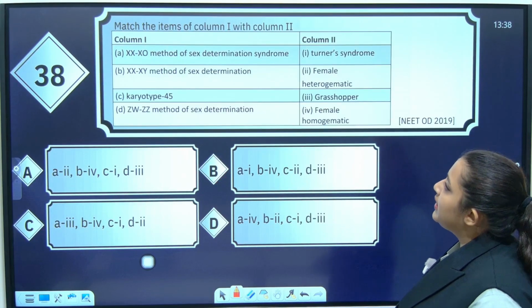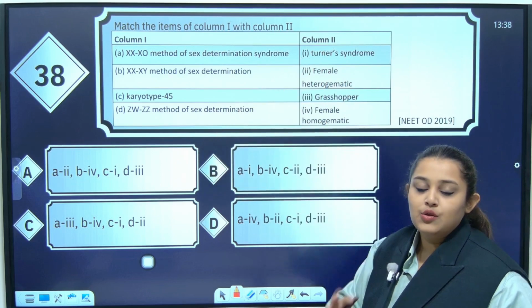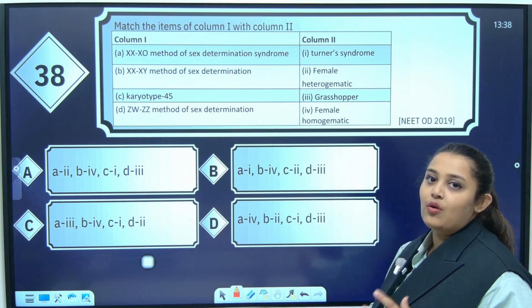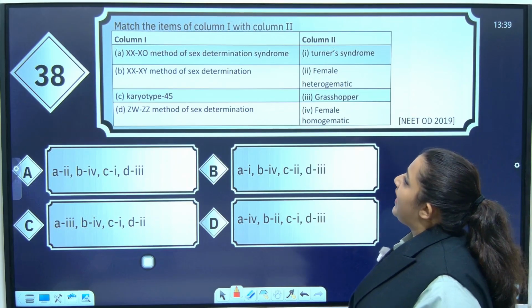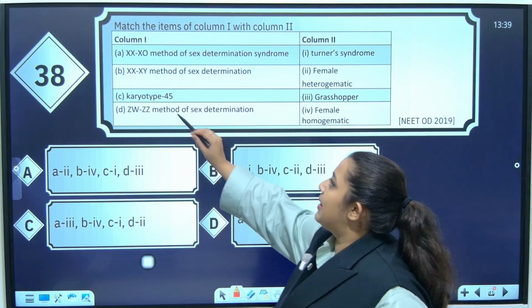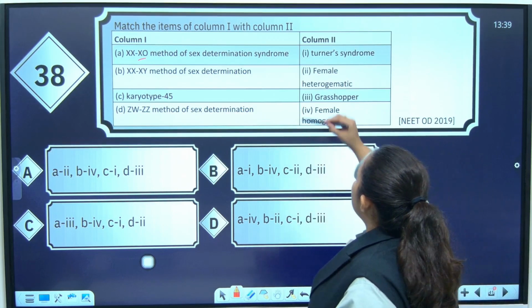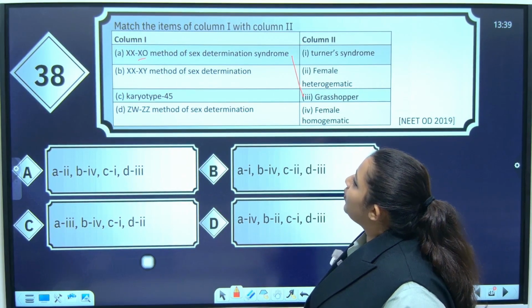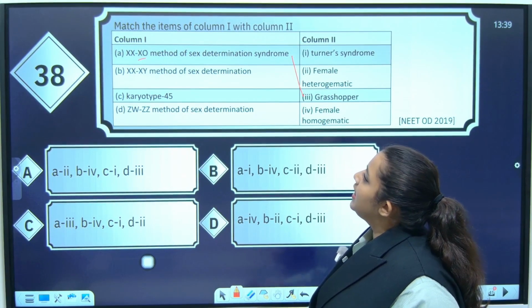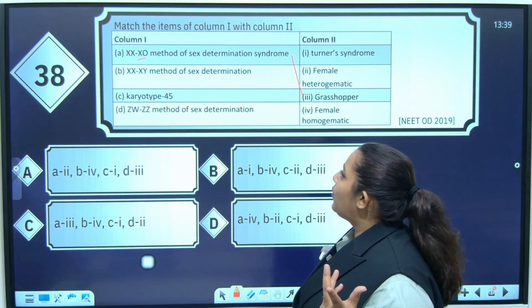Now what are we doing here? We have the type of sex chromosomes, and how do you do sex determination? And we have options over here. So XO method. We mentioned X0 in a previous question. And where is that seen? That is seen in grasshopper. XX-XY method of determination is seen in humans. What is the point behind this?